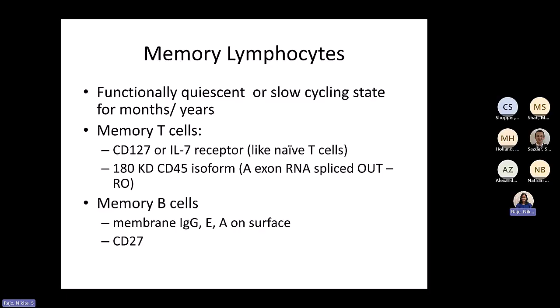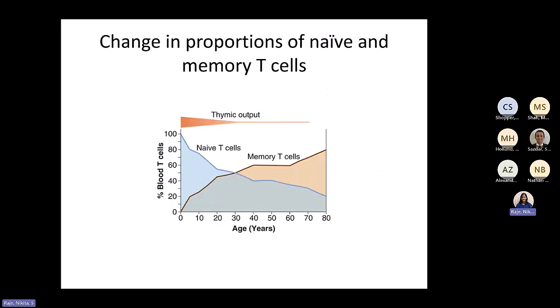CD27 is a good marker for B cells, and they may be IgM positive or they may have IgG or IgE on their surface. When the baby is born, pretty much most of the cells, 80 to 90 percent, are naive T cells, and they do not have memory T cells. As they grow over the years, the naive T cells go down in number and the memory T cells go up in number.